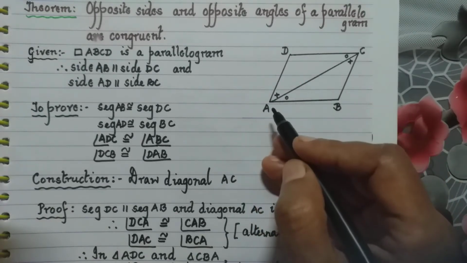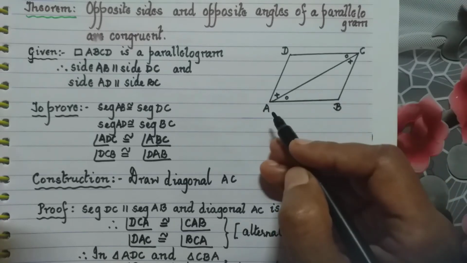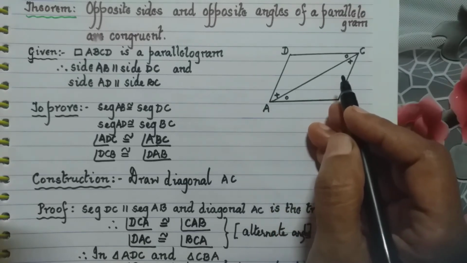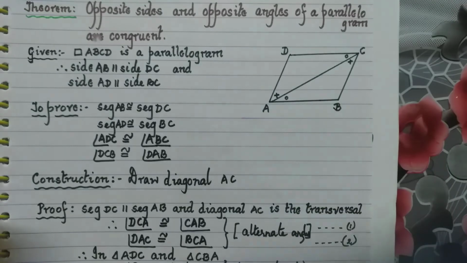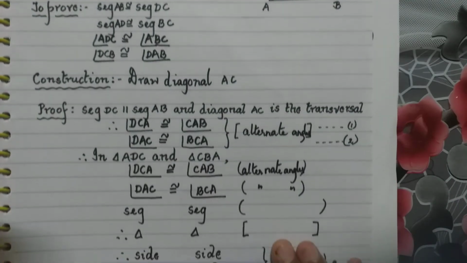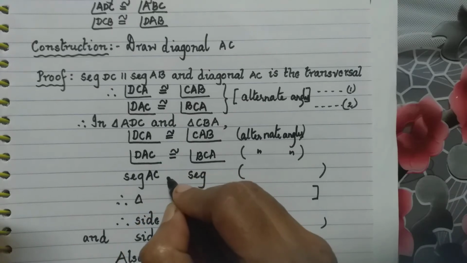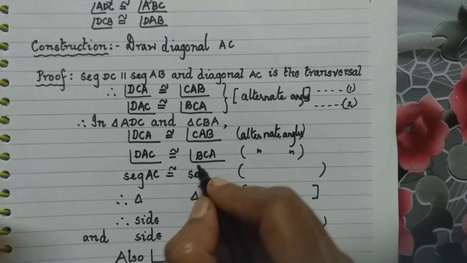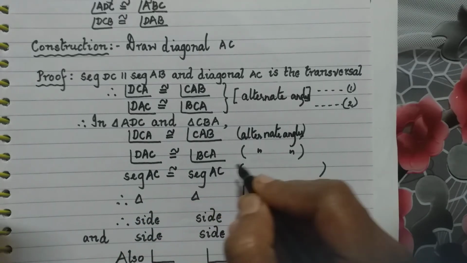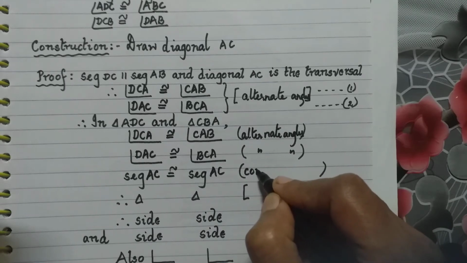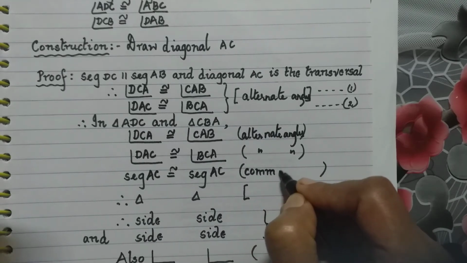So we write here segment AC congruent to segment AC. The reason is common side.